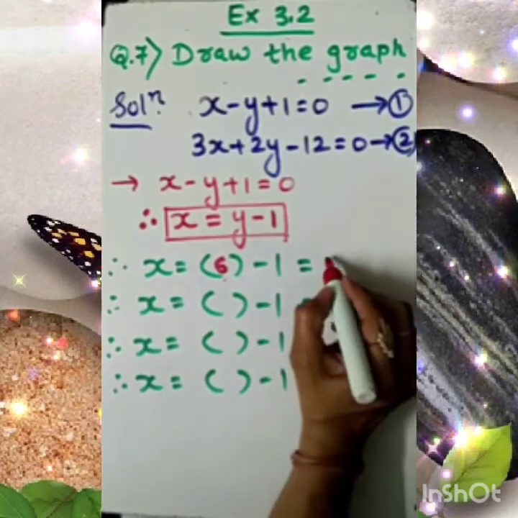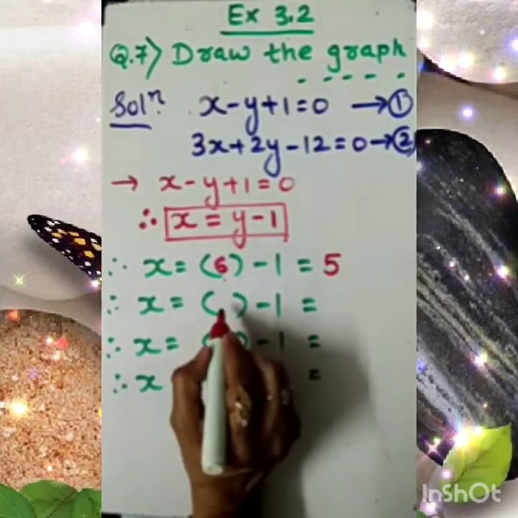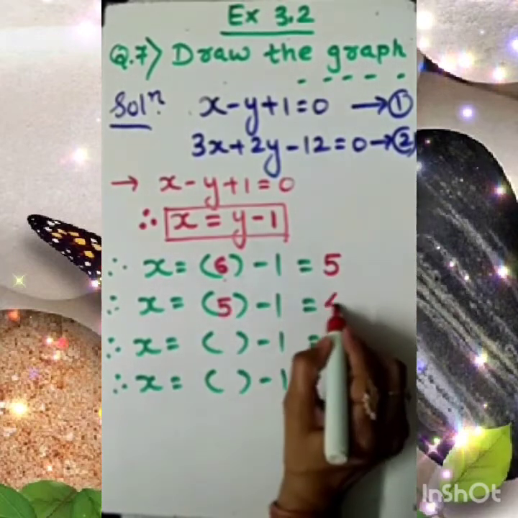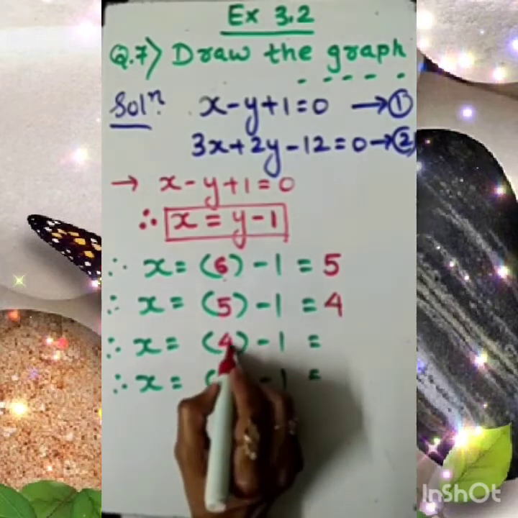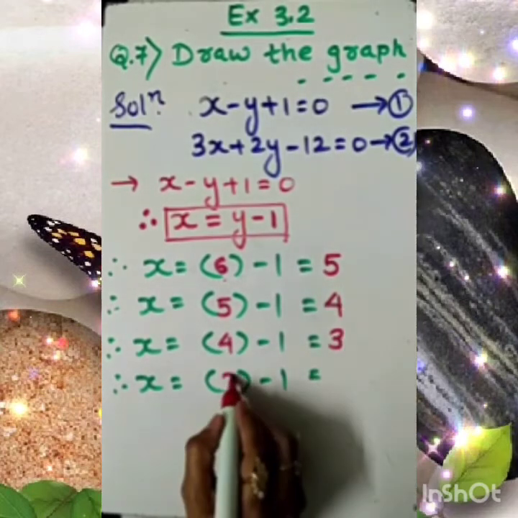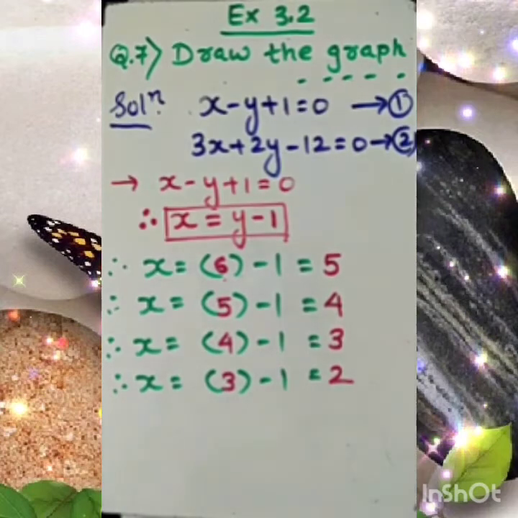Then 6 minus 1 is 5. I choose 5, 5 minus 1 is 4. 4 minus 1 is 3. 3 minus 1 is 2. So for different values of y, we can get the value of x.